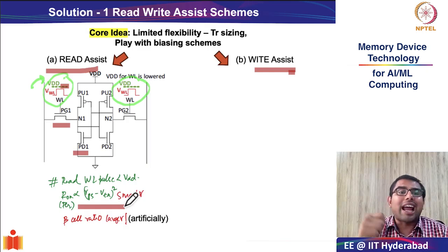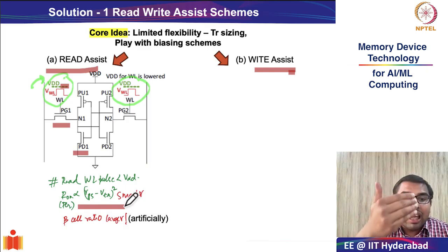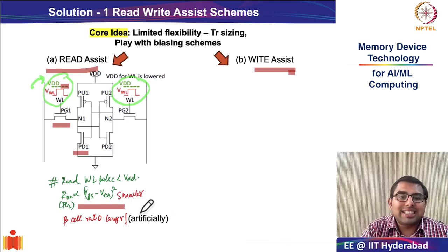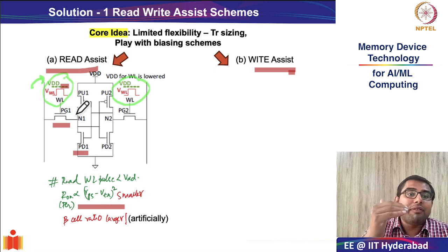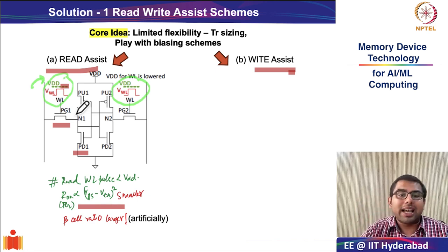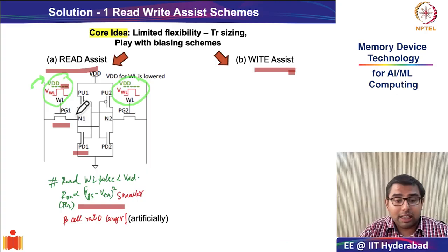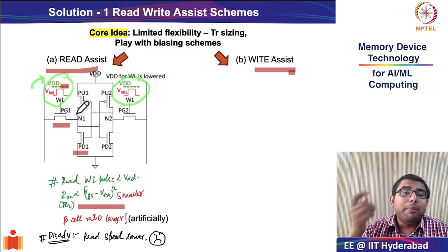If you reduce the drive current, the drive strength automatically comes down, and therefore artificially, through biasing, you are able to maintain a large cell ratio by making sure that the strength of PG1 is reduced by having smaller gate biasing.